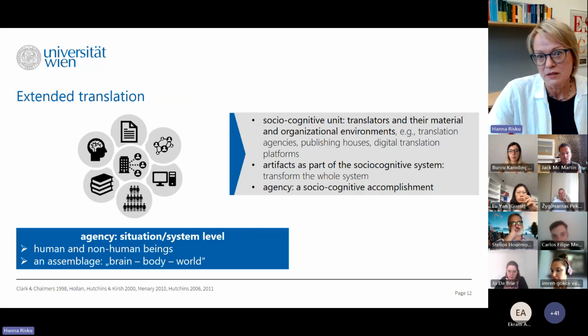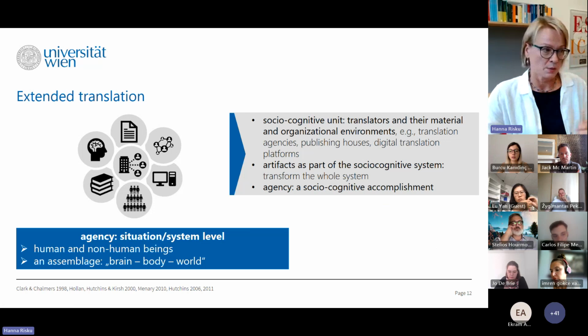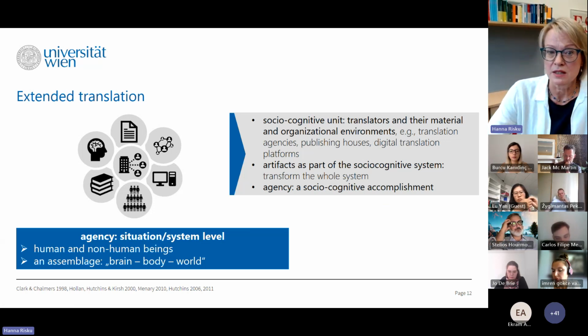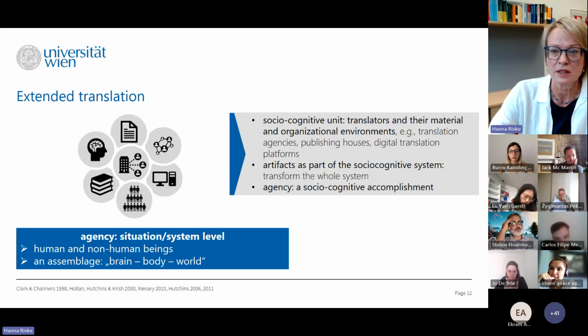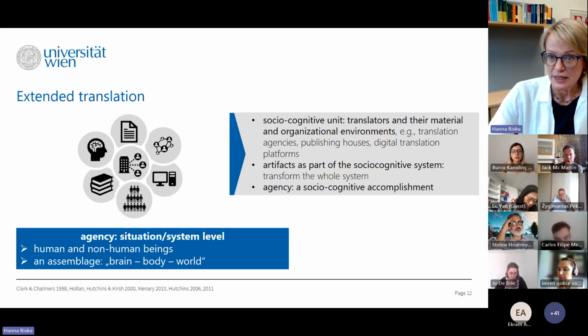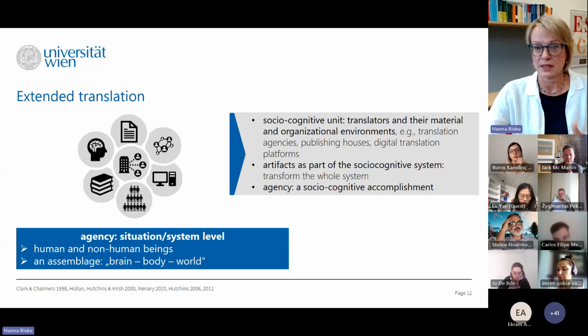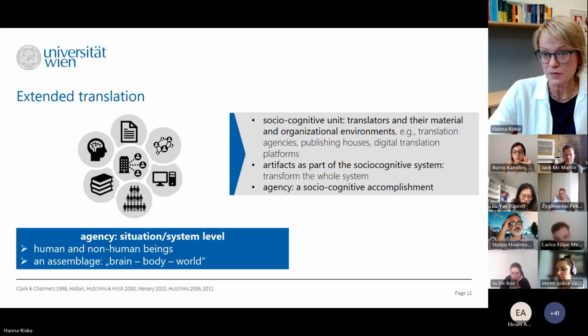Some other current cognitive scientific approaches within the 4EA cognition cluster, especially extended cognition by Clark and Chalmers, Menary and others, and also distributed cognition by Edwin Hutchins, shift their attention to these larger units as the entities that exert cognitive functions and implicitly or explicitly also agency.